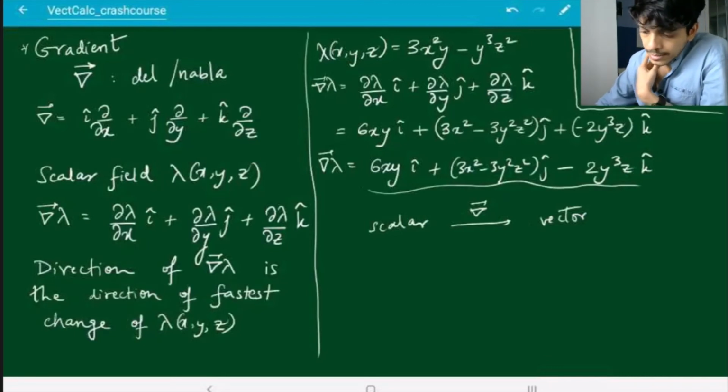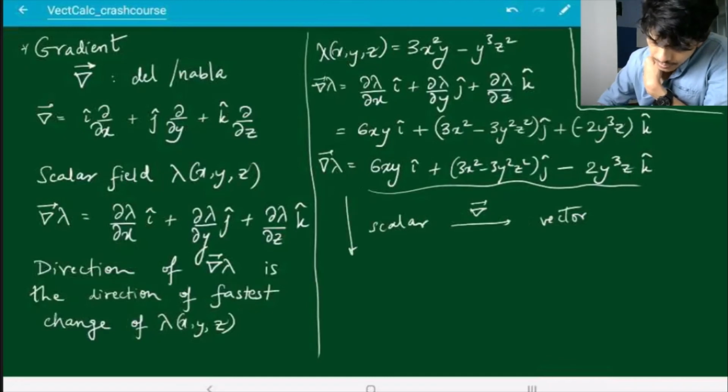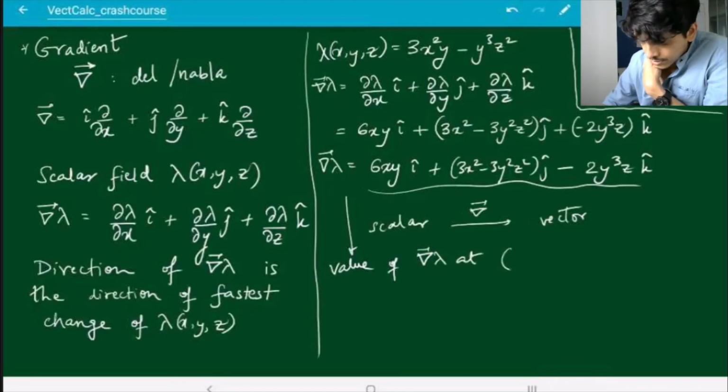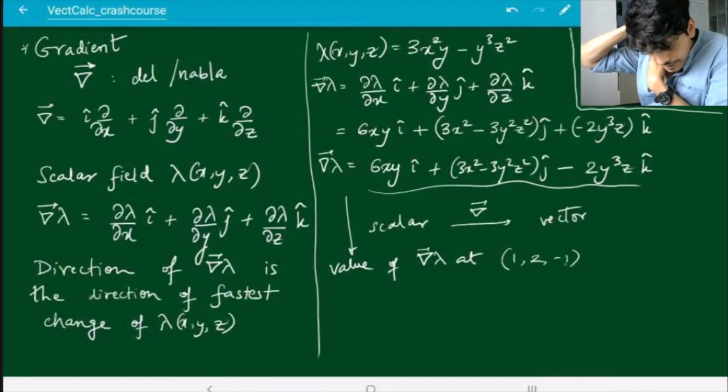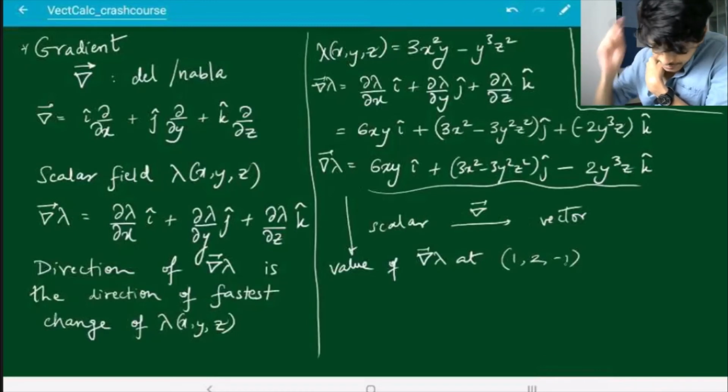Of course, I could also ask you the question, what is the value of the gradient at some specific point? So suppose I say at 1, 2, minus 1. So when x is 1, y is 2, z is minus 1, then what is the value of gradient lambda? So then I will just substitute the values over there.